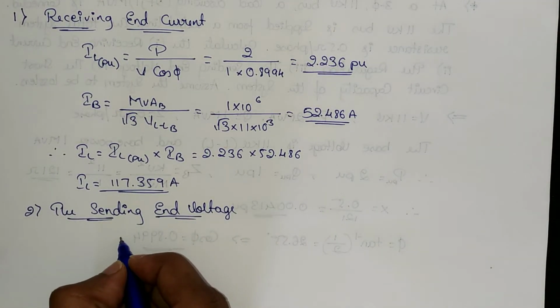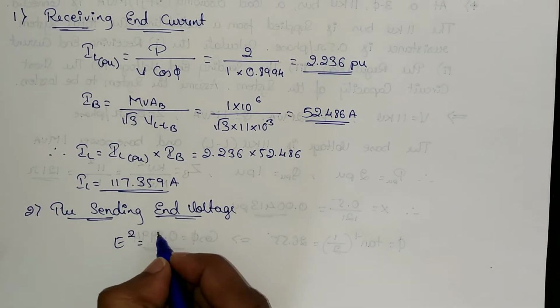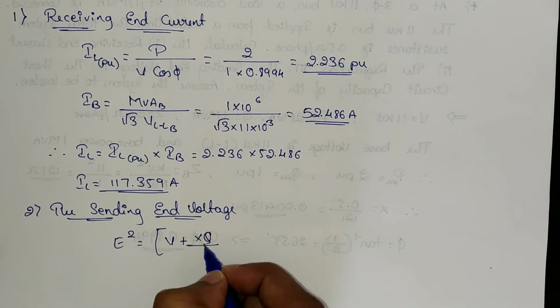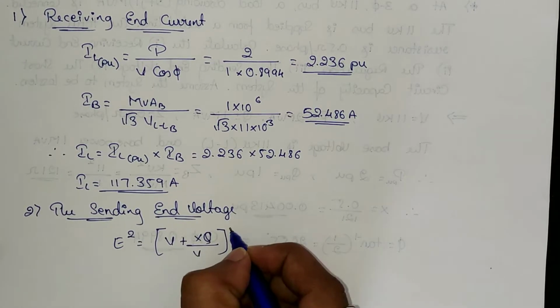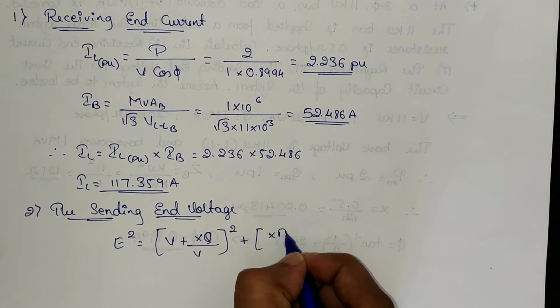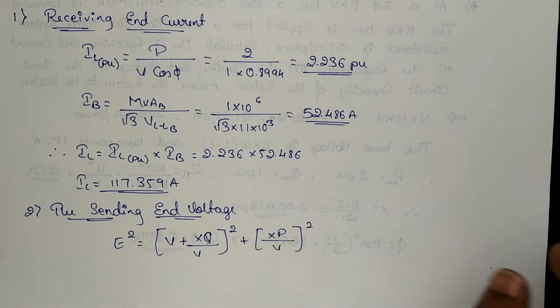The sending end voltage equation is E square is equal to (V plus XQ divided by V) whole square plus (XP divided by V) whole square.